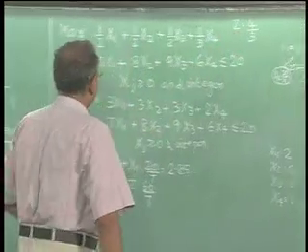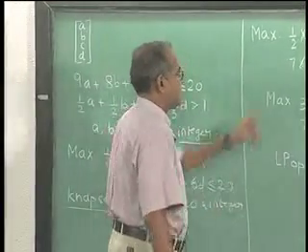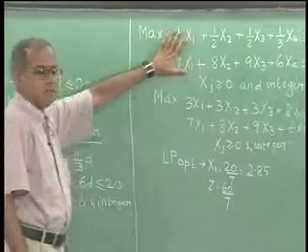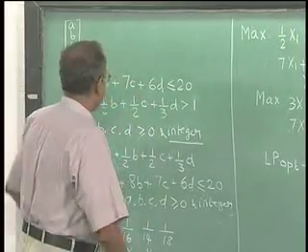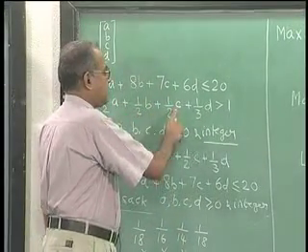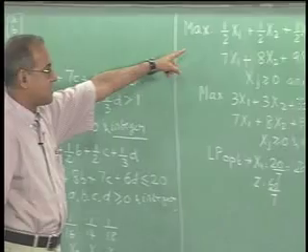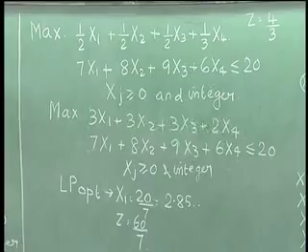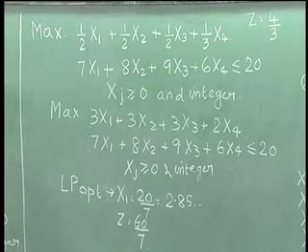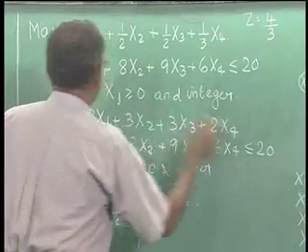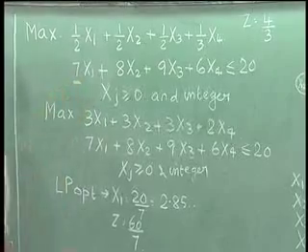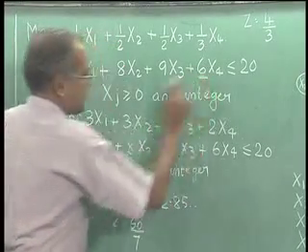So, now we have a pattern which satisfies half a plus half b plus half c plus 1 by 3 d greater than 1, and therefore, this pattern can enter the basis. Now, variable x1 stands for 7 inch and variable x4 stands for 6 inch.